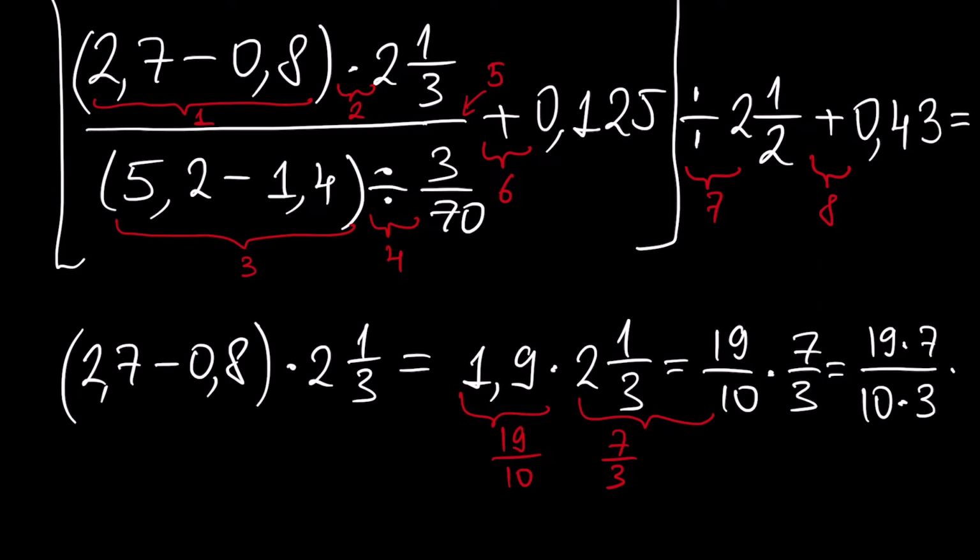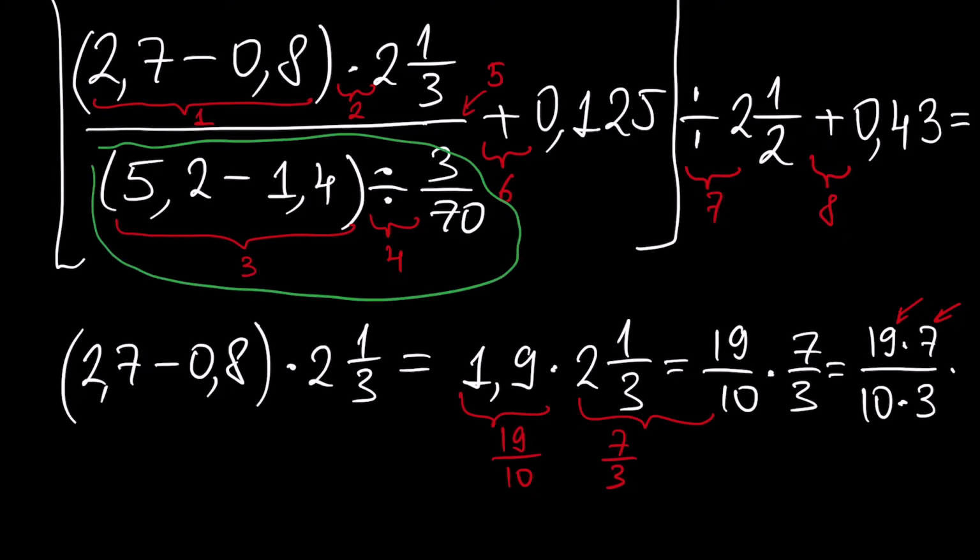Because obviously these numbers 19 and 7 are prime numbers, and it's very likely that they will cancel out with other numbers. We will see it. Next, we will solve everything which is here. Let's do it.